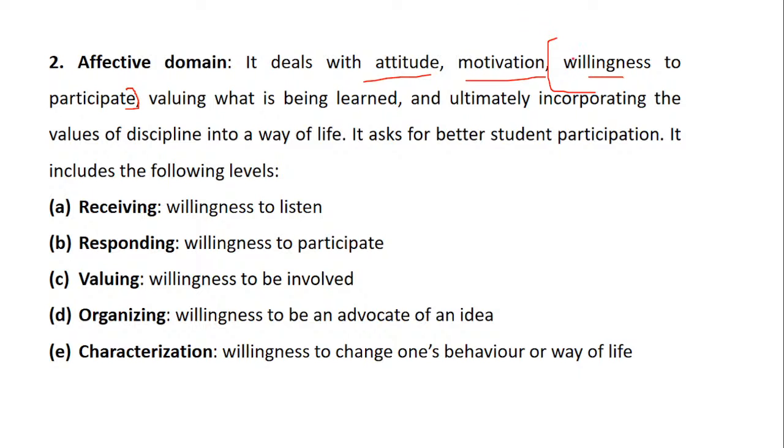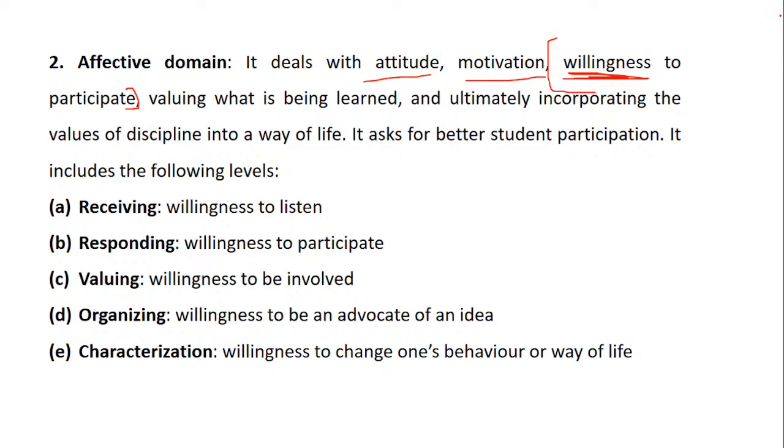So the teacher needs to create an interest about the teaching in the student, but the interest is created only when the child is willing to participate, and the teacher has to motivate a child or encourage a child to bring that interest level.